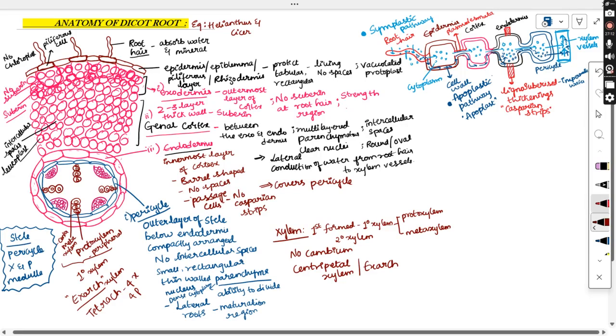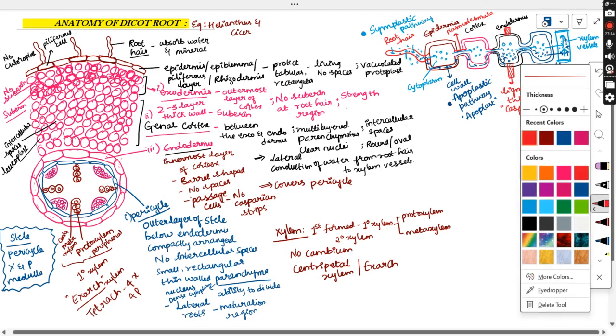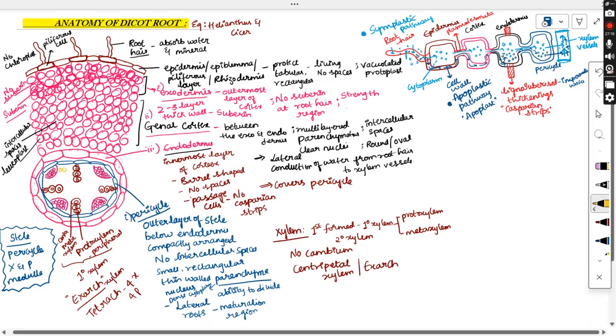And the tissue which is present between these two, you can find this whole white color part. All this white color part of tissue is also the parenchyma. We call this conjunctive parenchyma. So these yellow colored cells which are present between the xylem strands as well as the phloem are called conjunctive parenchyma.